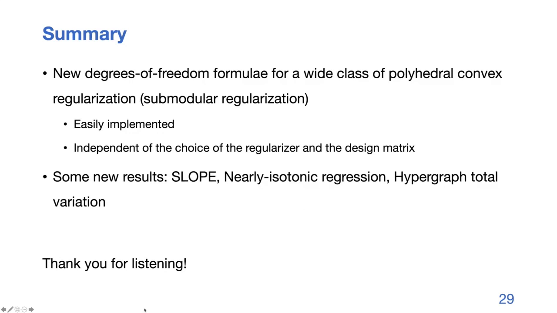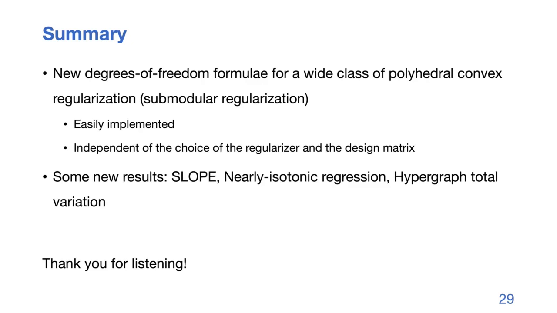Okay, so I spent almost 30 minutes, so I will summarize this talk. In this paper, I derived a new degrees of freedom formula for a wide class of polyhedral convex regularization, which I call submodular regularization.